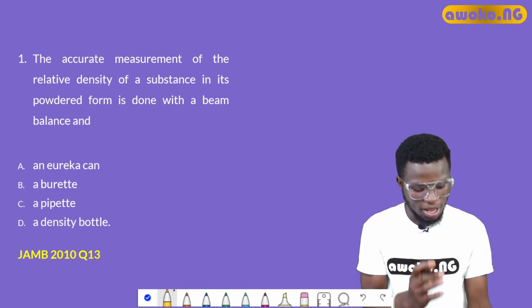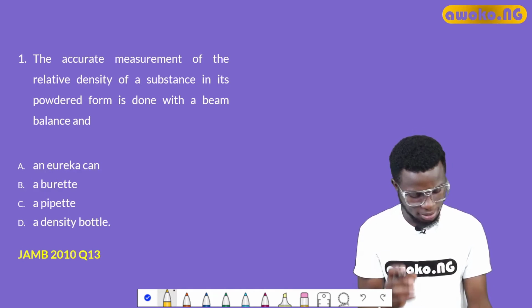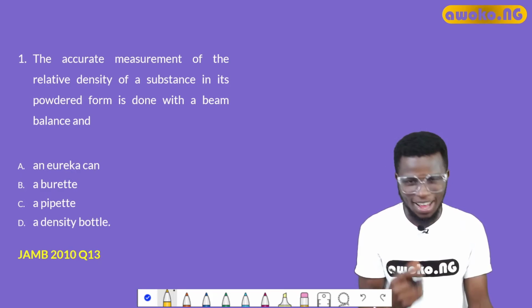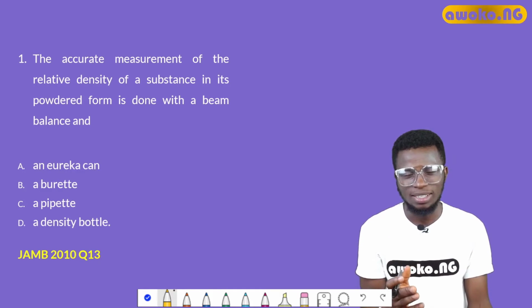Option A, an Eureka can. Option B, a burette. Option C, a pipette, or a pipette, as some persons call it. And option D, a density bottle.